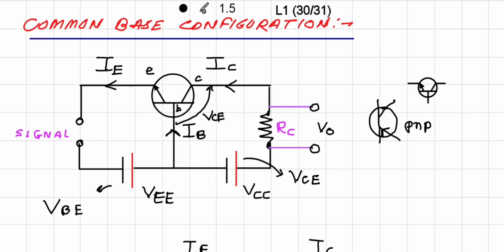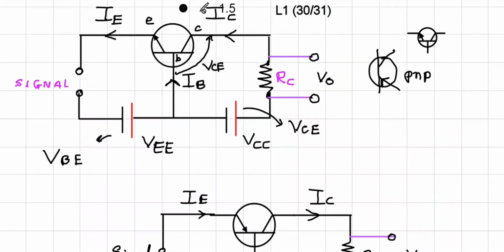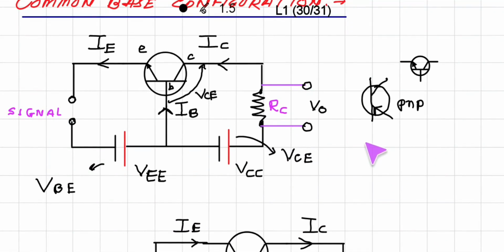So that we saw. Now we already know that IE is equal to IB plus IC. If you look here, remember why the arrows are shown this way. See, this is the battery positive terminal. Conventional current direction is always from positive to negative.